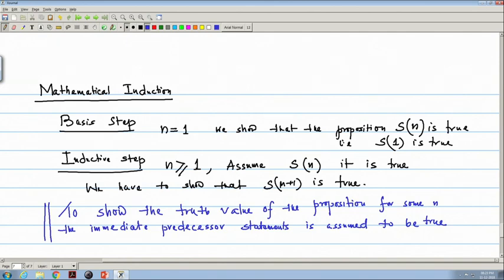And here for the basis step, for the basic value n equal to 1, it is true.